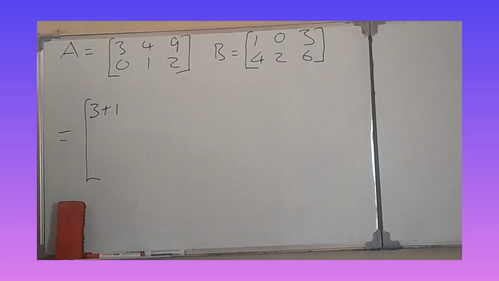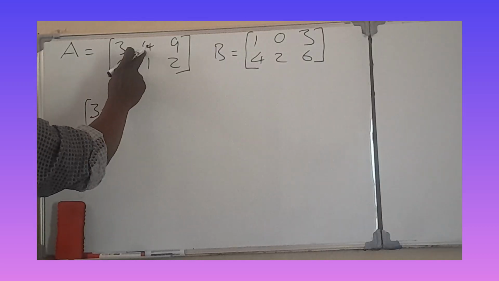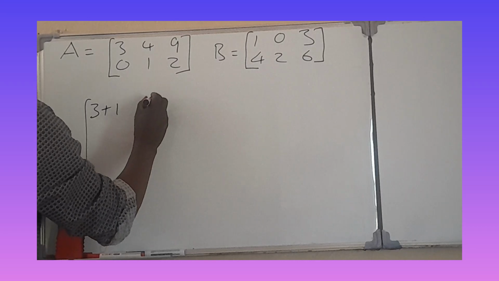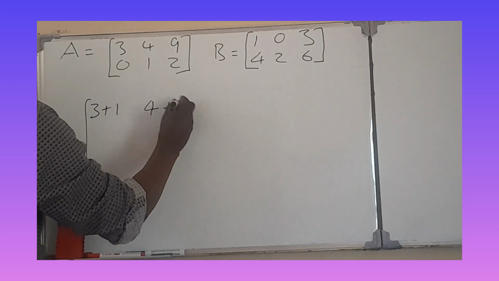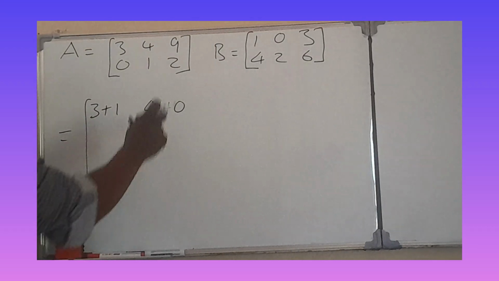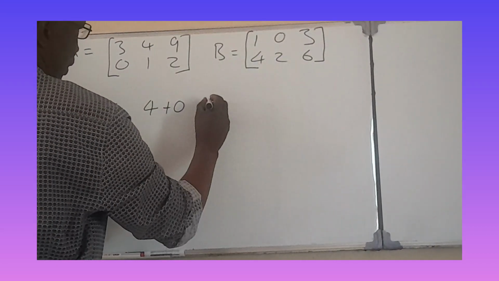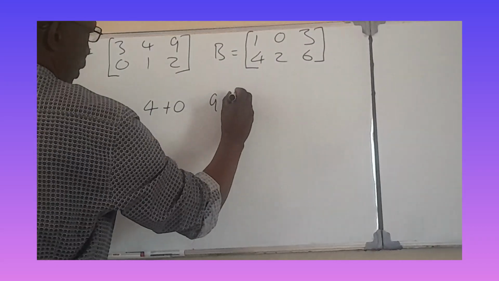Our second element is 4 plus its corresponding element in B, which is 0. So it's 4 plus 0. Our third element in the first row is 9 plus 3. So it's 9 plus 3.